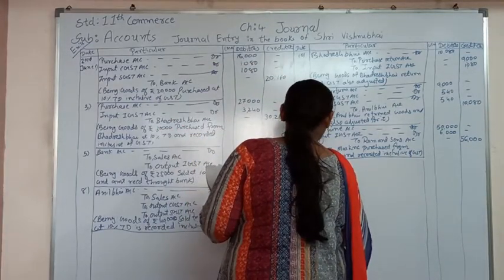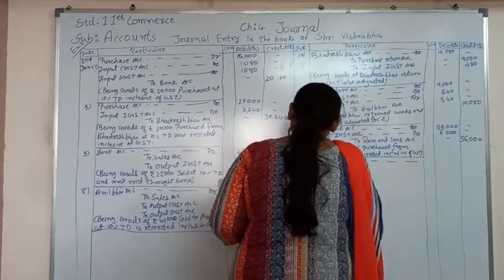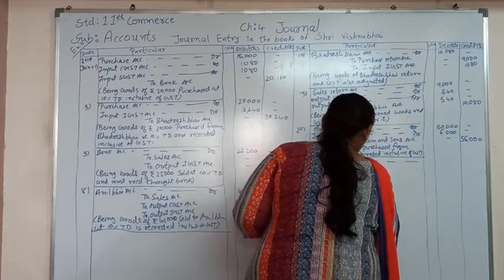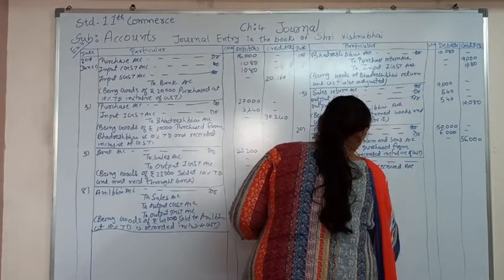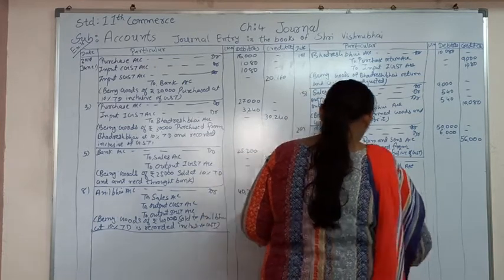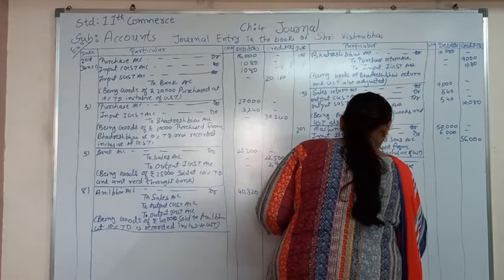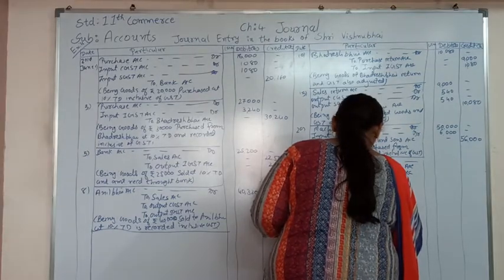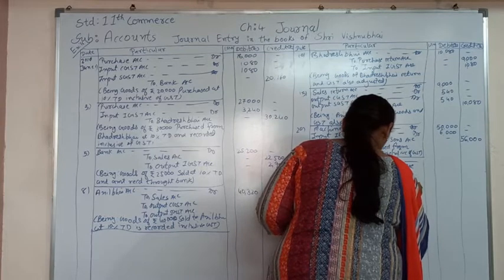Bank account debit, to rent received account, to output CGST account, to output SGST account.